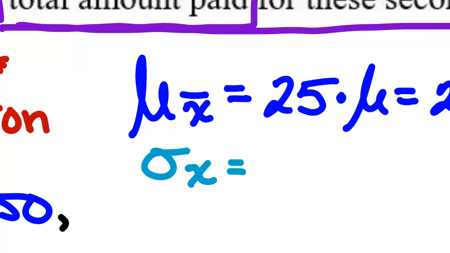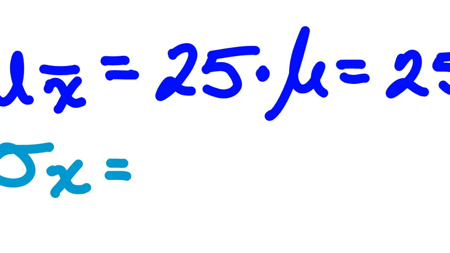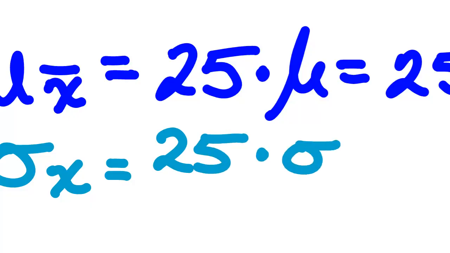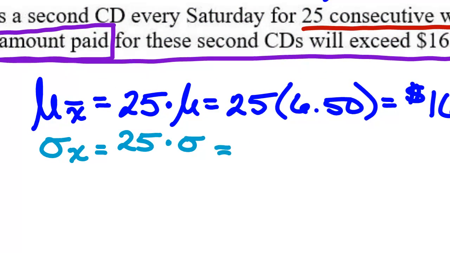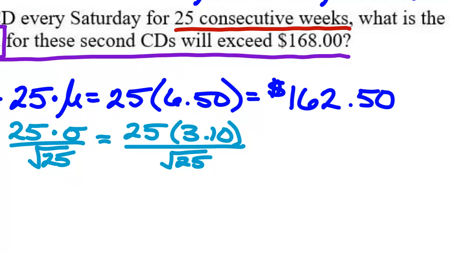So if we were to do this for 25 weeks, how would I calculate that standard deviation? Yep, 25 times 3.10, 25 times my standard deviation. But this 25 weeks is a sample, so we have to do this over the square root of n. So over the square root of 25. Go ahead and calculate that for me.